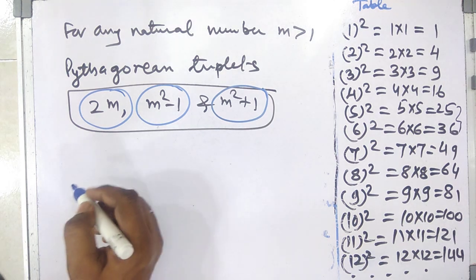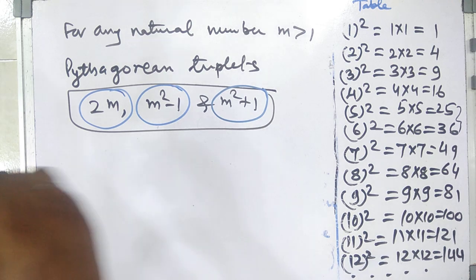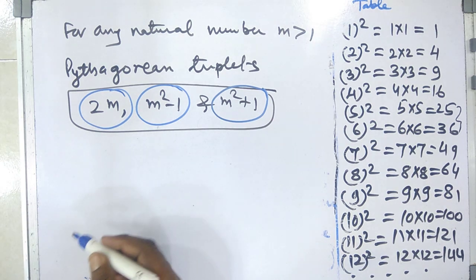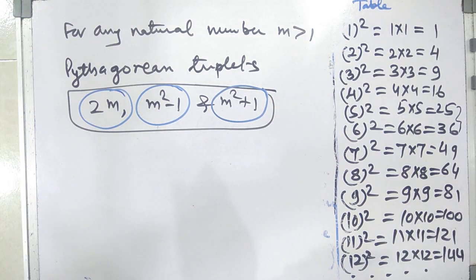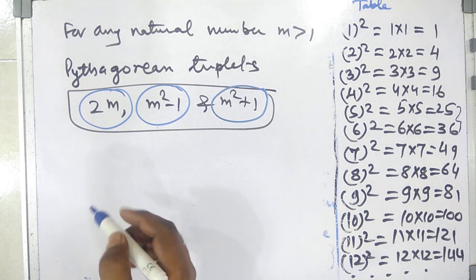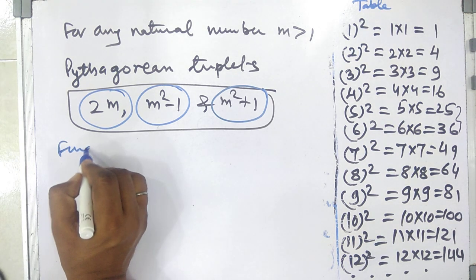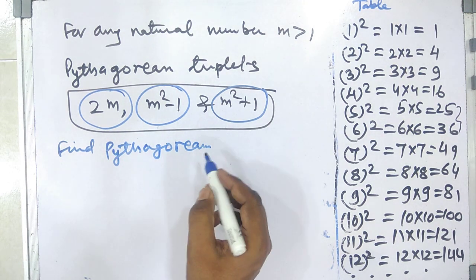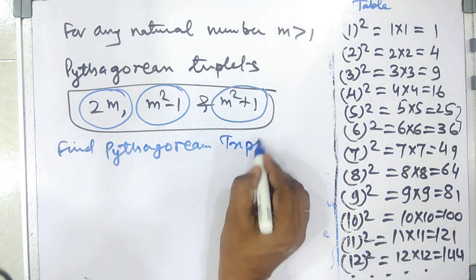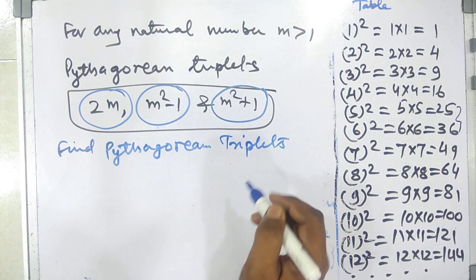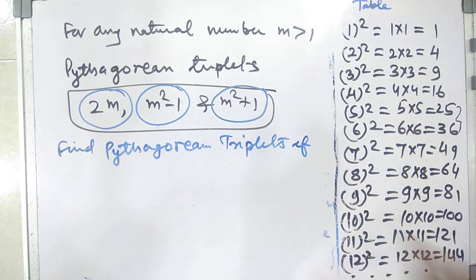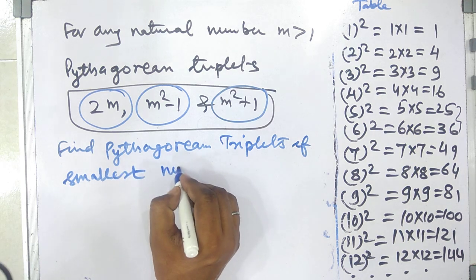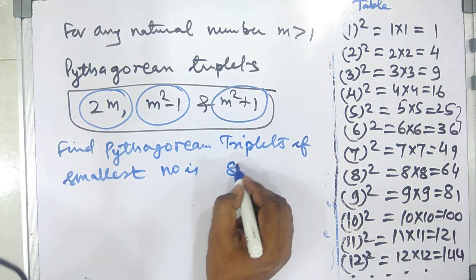So we take one example. Find the Pythagorean triplets if the smallest number is 8, students.